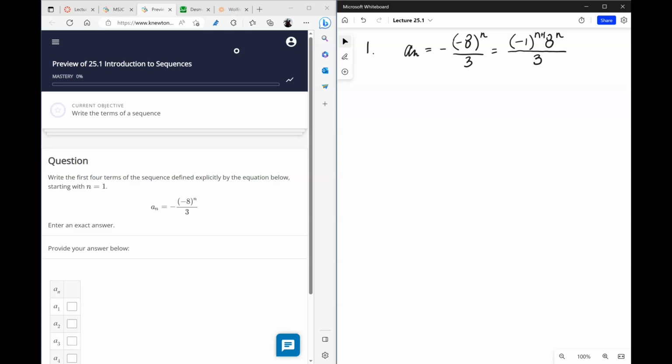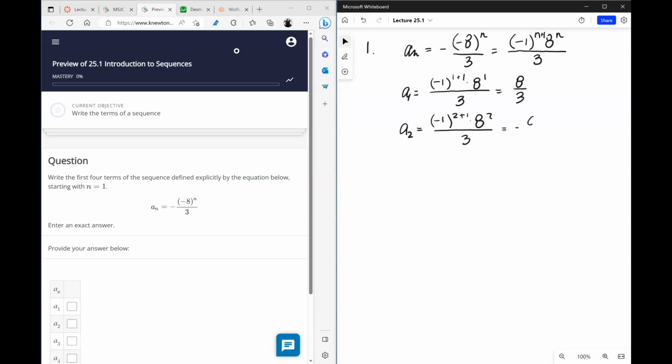And now we're going to produce a1 by replacing n with 1. And the answer is 8/3. Now we're going to produce a2 by replacing n with 2.